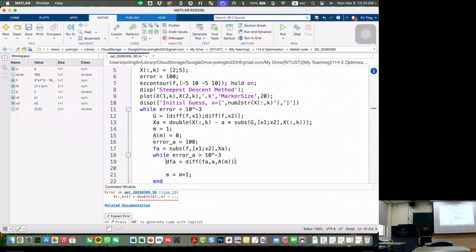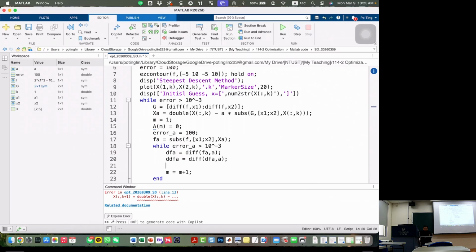And f double prime I call ddfa. I take the derivative again, and then, sorry, just this. It's this. Not yet plugging in, only derivatives.